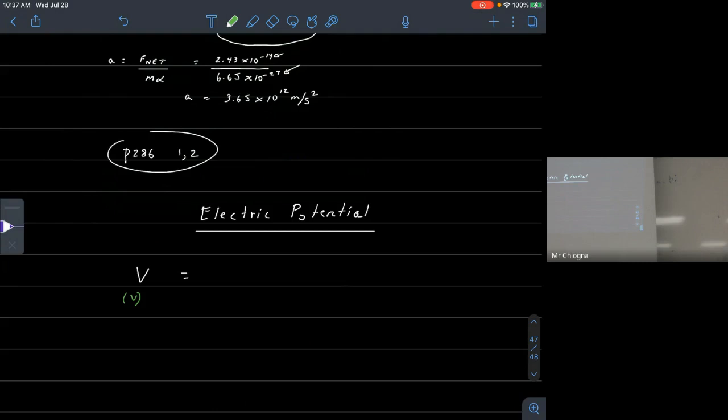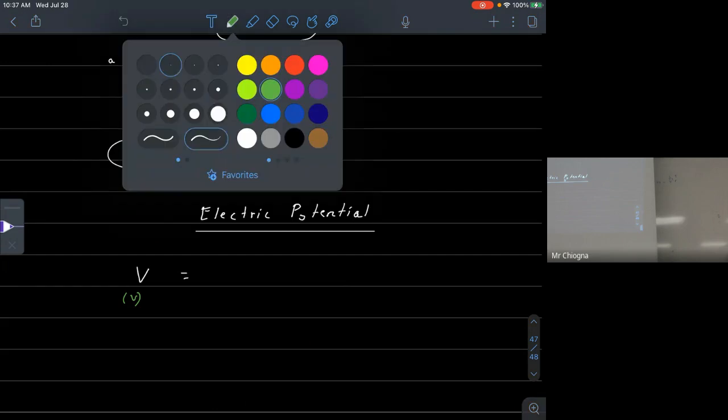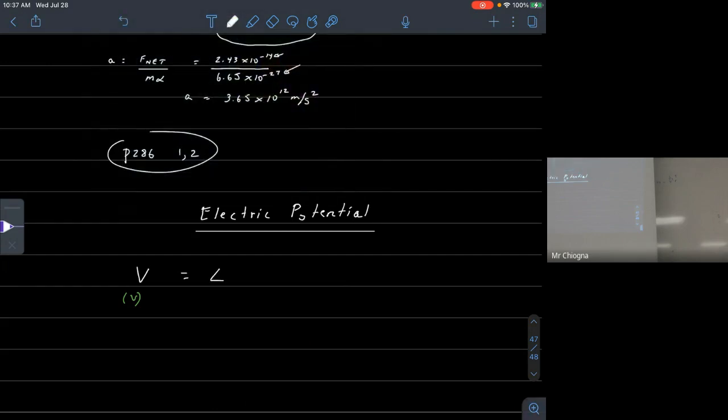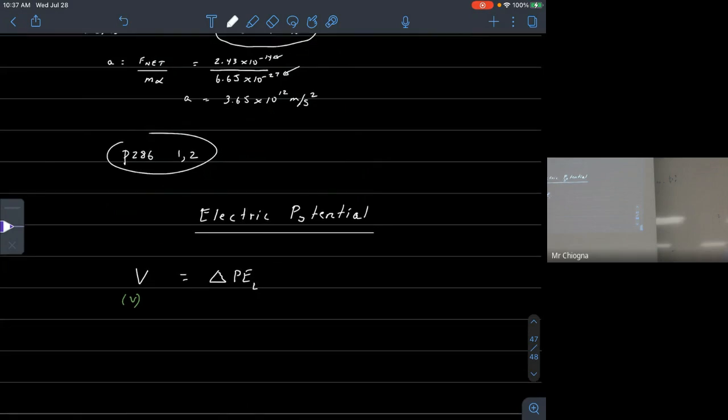Okay, it is defined as, I'm just talking absolute value here, the change in electric potential energy, a little E here, divided by Q. It's the potential energy per unit charge.